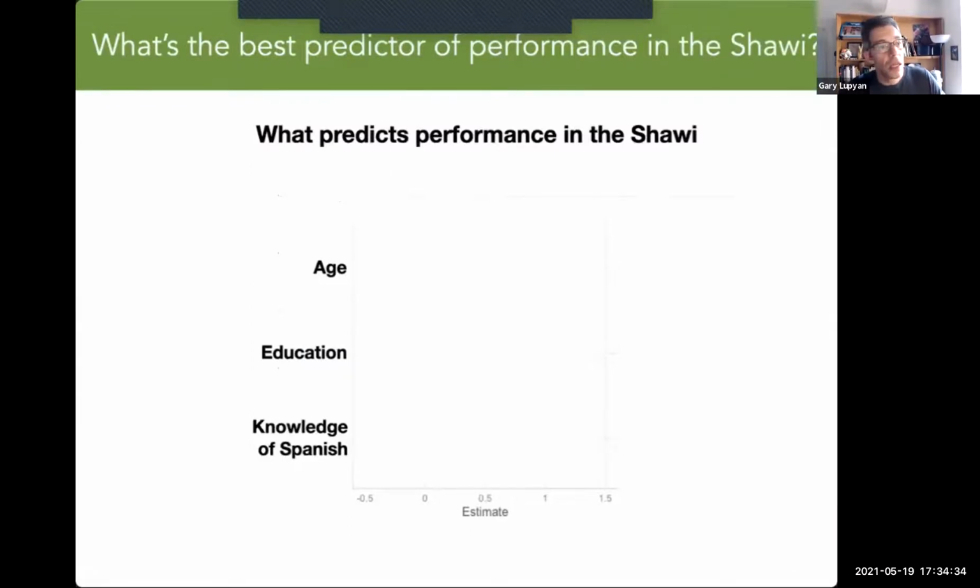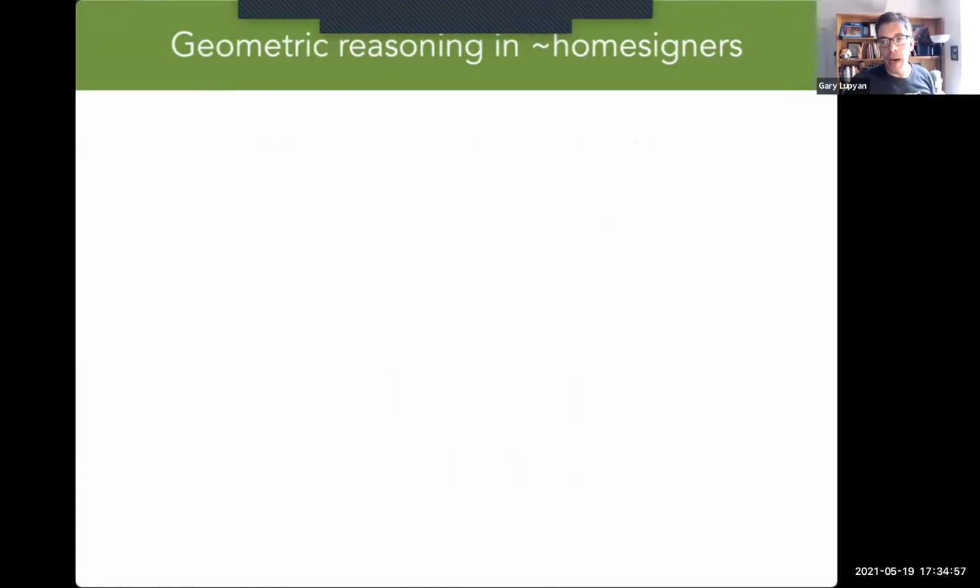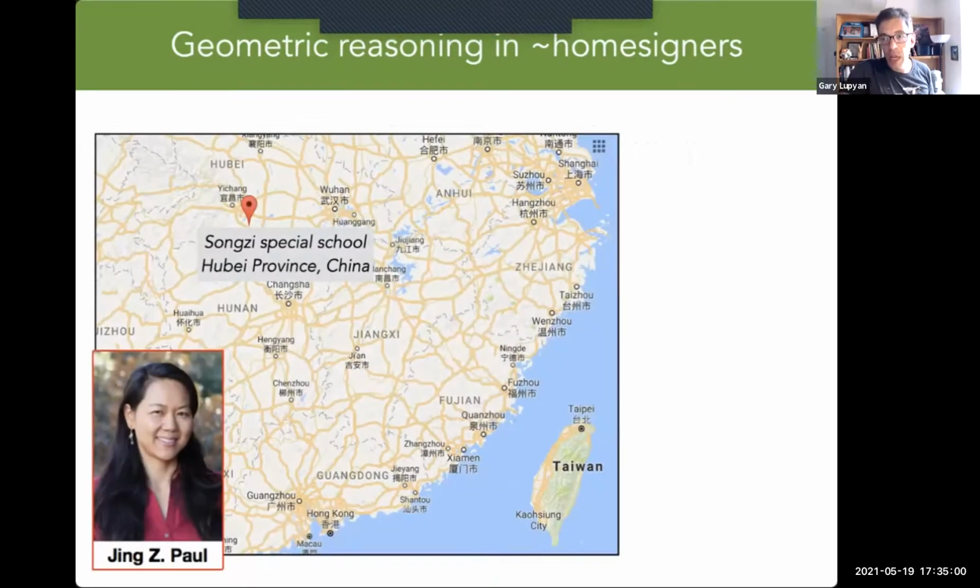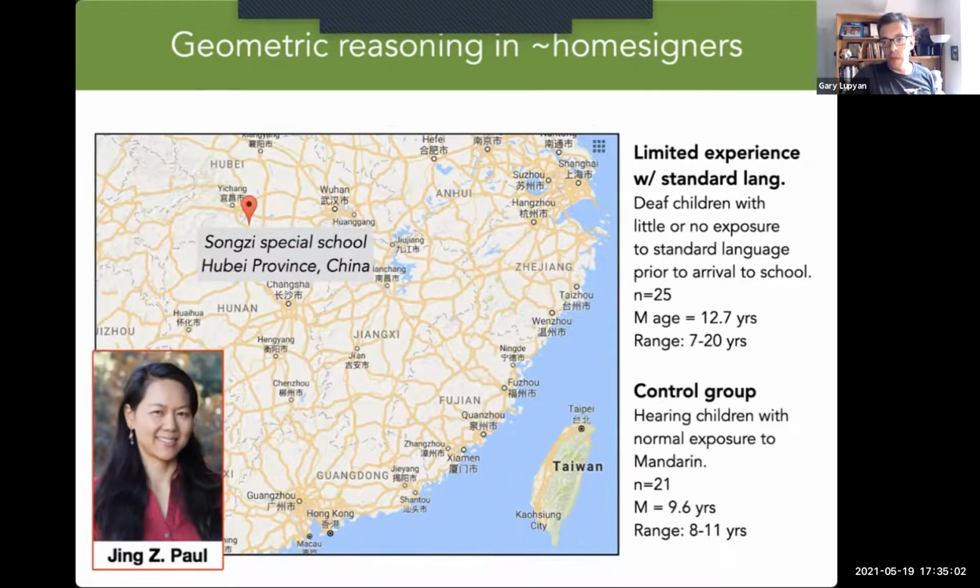But in this group, some of the individuals have more education than others, and some know Spanish, which of course, for these purposes, is identical to English in terms of nameability of these shapes. Age did not predict performance, education did not predict performance, but knowledge of Spanish did. Okay. We've also tested the same group of home signers, this time comparing a group of kids to a control group of younger kids, who have normal hearing, who are native Mandarin speakers.